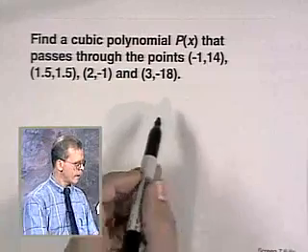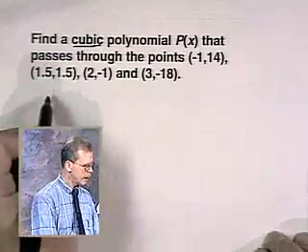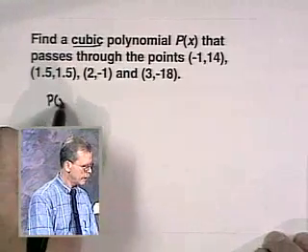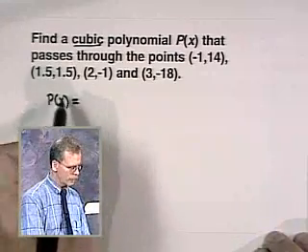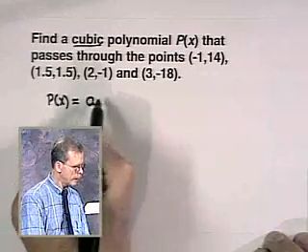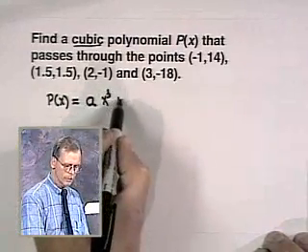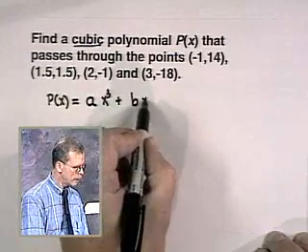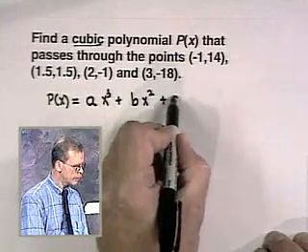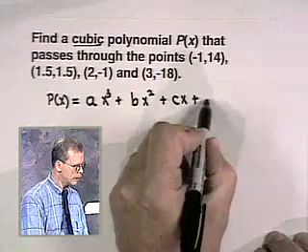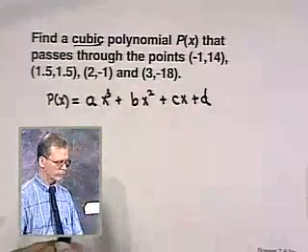We know that a cubic polynomial has the form P of X equals AX cubed plus BX squared plus CX plus D.